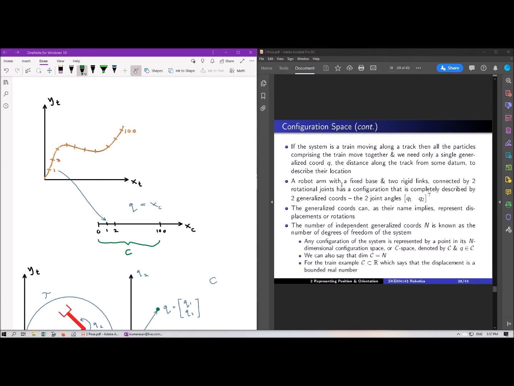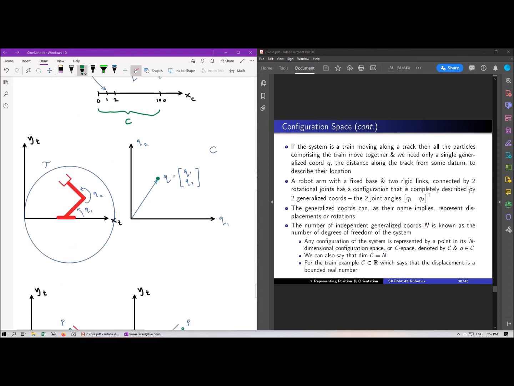A robot arm with a fixed base and two rigid links connected by two rotational joints has a configuration that is completely described by two generalized coordinates, the two joint angles Q1 and Q2. So now this is a robot arm with two links and two joints. Imagine this is joint 1, and this is joint 2.